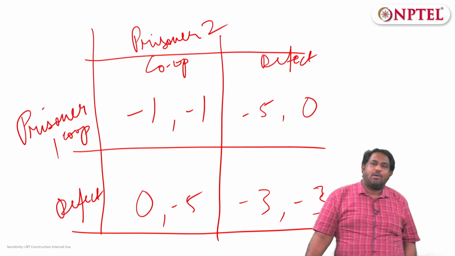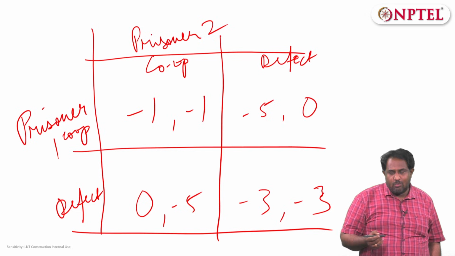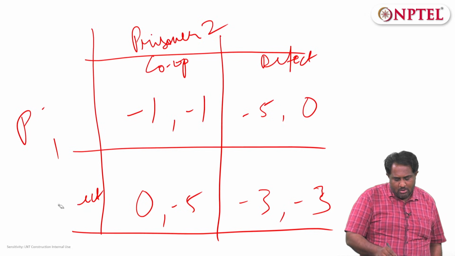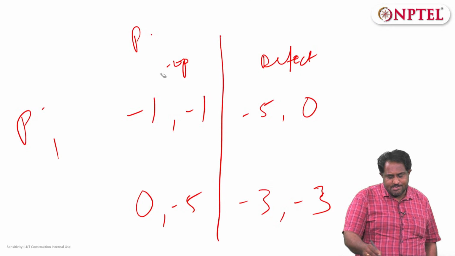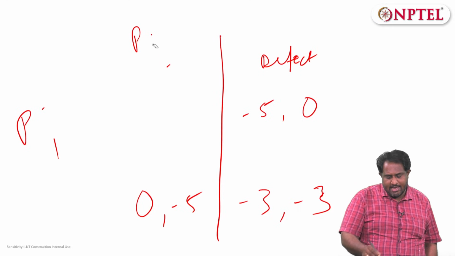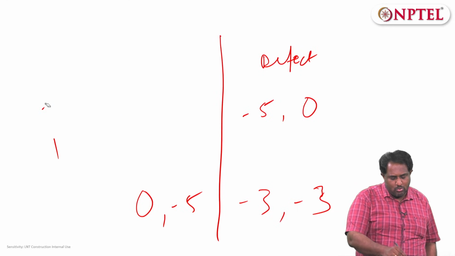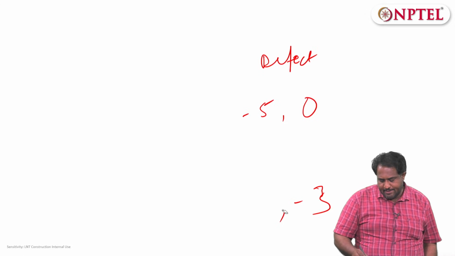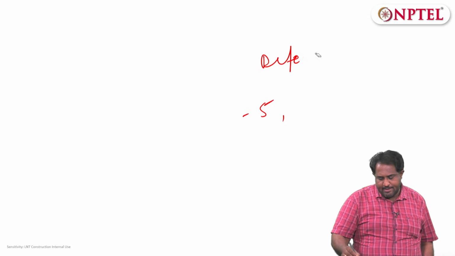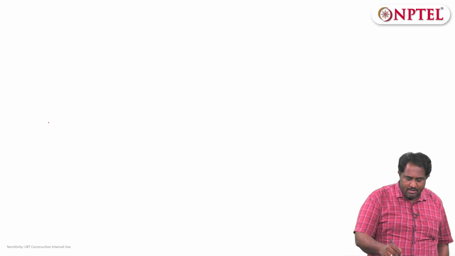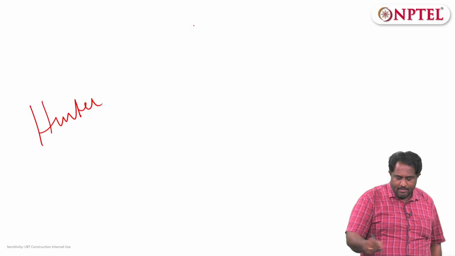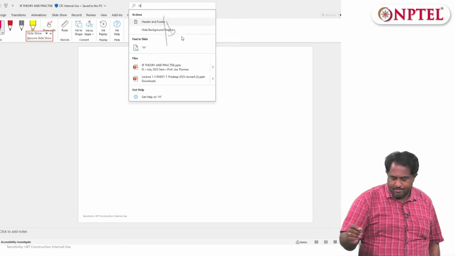was defined as a game wherein you have two hunters. They have the option to cooperate and hunt for a stag. Stag, as you know, is a much bigger animal, right?